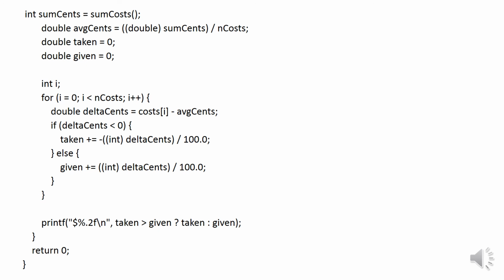So they take 1000 from the organizer, and if the cost is less than the average, they have to give 1000, as paid by student number 1. So that for loop is for taking and giving. After that for loop we print the output, and the output appears like the sample output given in the program.